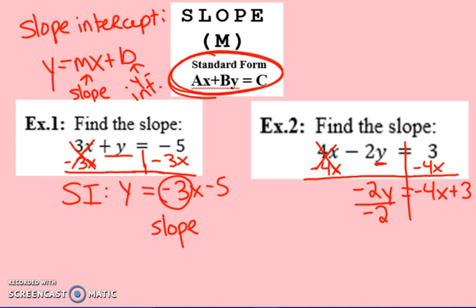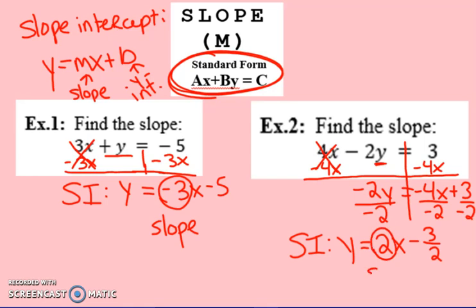To help yourself, divide both terms on the right-hand side by -2. I'm left with y equals -4 divided by -2 is a +2x. +3 divided by -2 is a -3/2. Again, I am now in slope-intercept form, I have my m and my b. So if I look, 2 is my coefficient of x. That is the slope of the line.